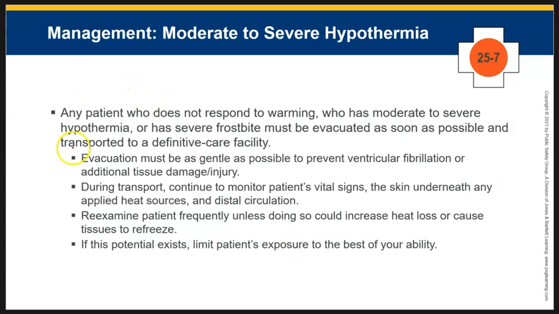And this needs to be done gently. The localized frostbite injury could be further damaged if we're not gentle. Systemically, we want to avoid the VFib that can occur. During transport, continue to monitor their vital signs and continue with your rewarming protocols.